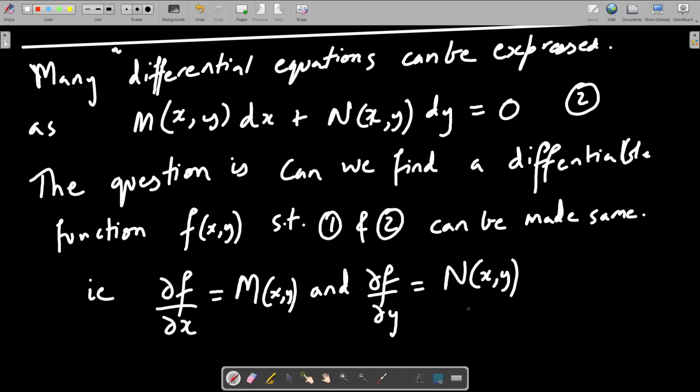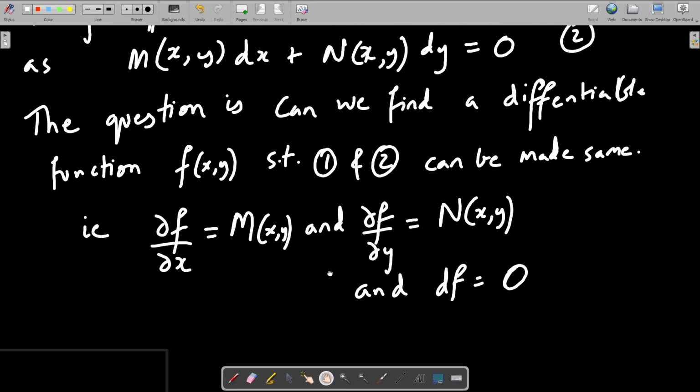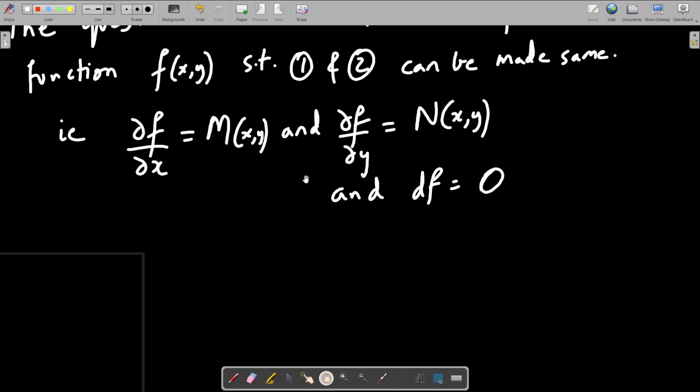And what is the other condition? This has to be equal to 0, right? So we are saying df is equal to 0.